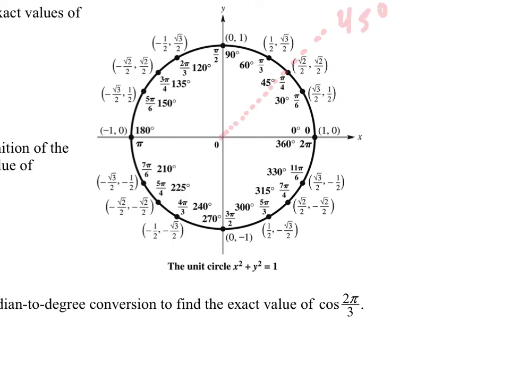There's my 45 degrees, better known as the famous pi over 4. This is one of them. 1 pi over 4, 2 pi over 4, 3 pi over 4, 4 pi over 4, 5 pi over 4, 6 pi over 4, 7 pi over 4.